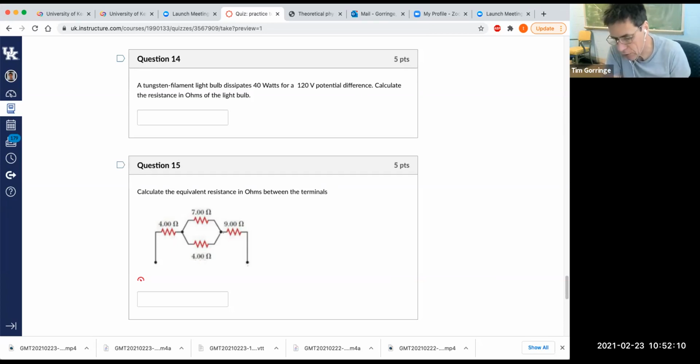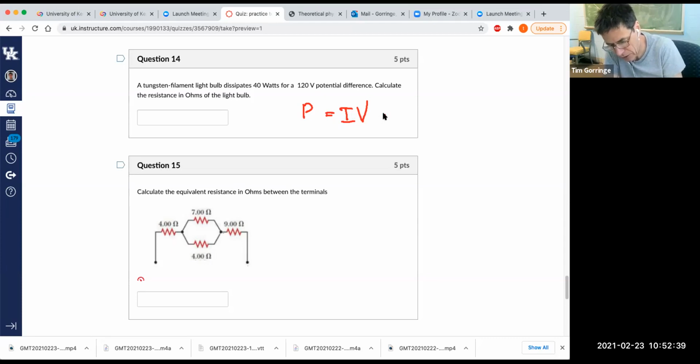So to do this calculation, I thought about, well, we know power and voltage, and I thought about the relationship between power and voltage. So here's the basic relationship between the power dissipated in a resistor like a light bulb and the voltage and the current across and through the light bulb.